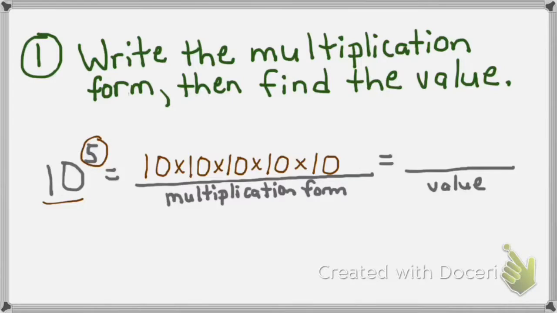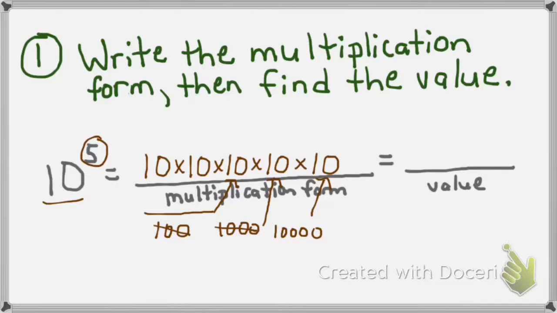What's the value? Well, we need to figure it out to solve it. So I can say 10 times 10, basic facts, 1 times 1 is 1, add my 2 zeros, that's 100. I can multiply that times 10, 100 times 10, basic facts, 1 times 1 is 1, add my 3 zeros on, that's 1,000. Multiply that by the next 10, basic facts, 1 times 1 is 1, add the 4 zeros, so that's 10,000.